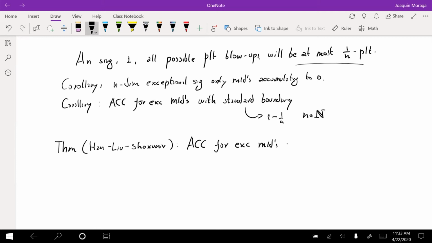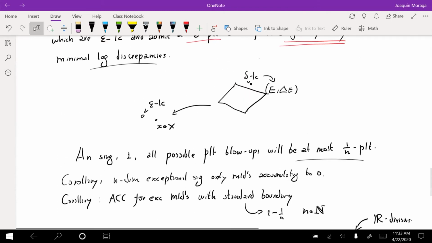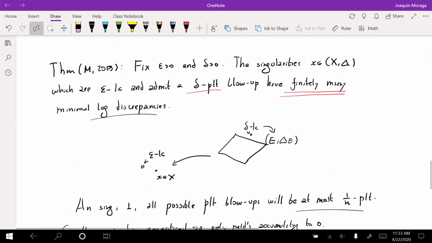So for, let's say, pairs (X, delta), they don't put any assumption on delta. Actually, it can be an R-divisor. So the idea is always the same: trying to apply a theorem of the following form. You do a Plt blow-up, you control the singularities along the Plt blow-up, and essentially that allows you to control the minimal log discrepancy. Because now E is bounded, and then you can essentially reduce all the computations to a bounded divisor.